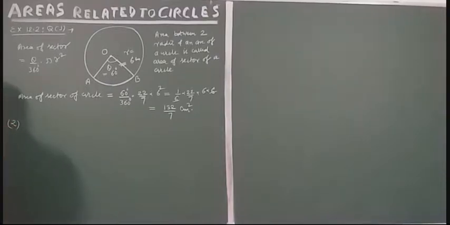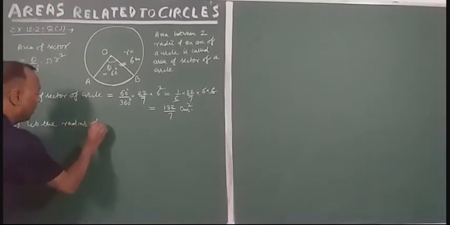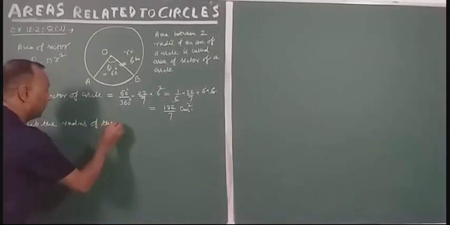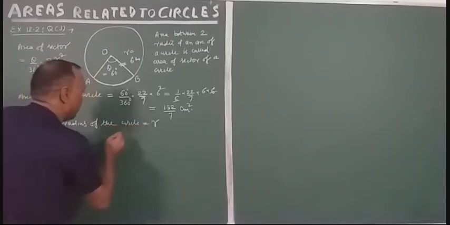This is question number 2. Find the area of the quadrant of a circle whose circumference is 22 centimeter. Let the radius of the circle be r.